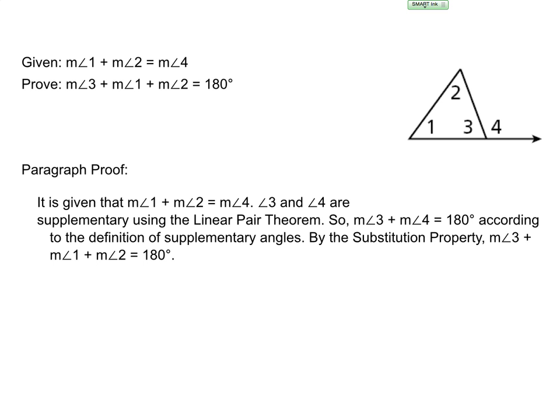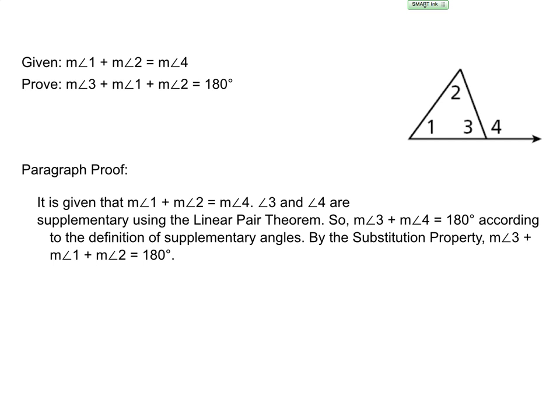Okay, what has to be put together? I know I need at least two things put together to do substitution. How do I get this out of that? What do we want to end up with? We want the measure of angle 3 plus measure of angle 1 plus measure of angle 2 equals 180 degrees. Can we get that out of these two things?